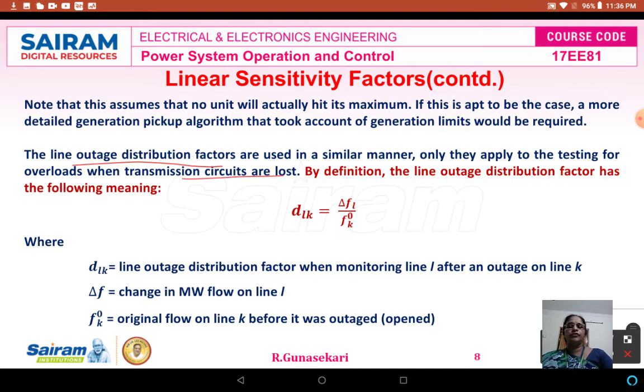Actually, what is the definition of the line outage distribution factor, which is designated as D with suffix LK.